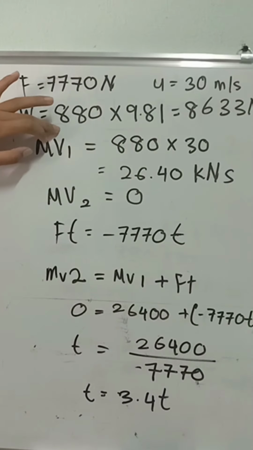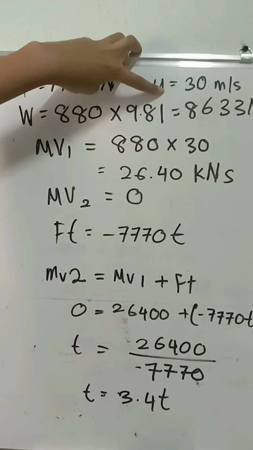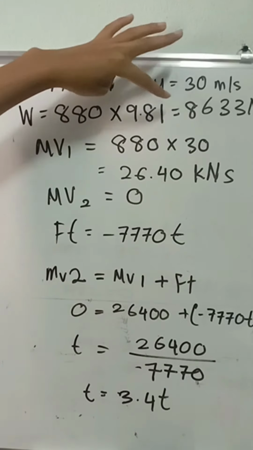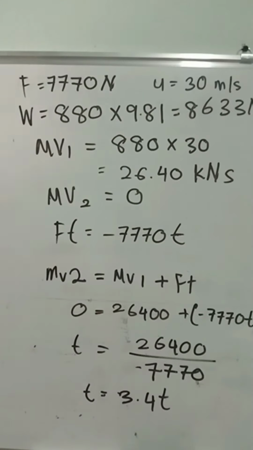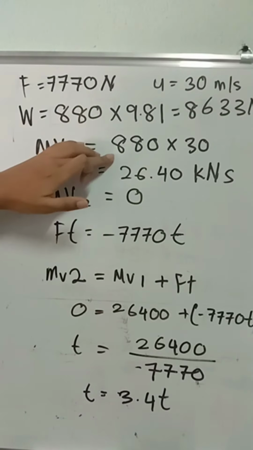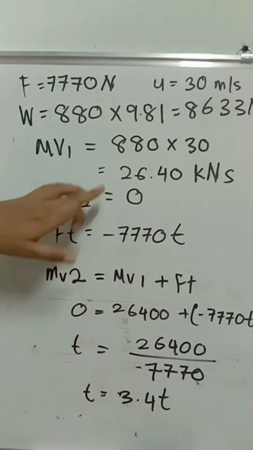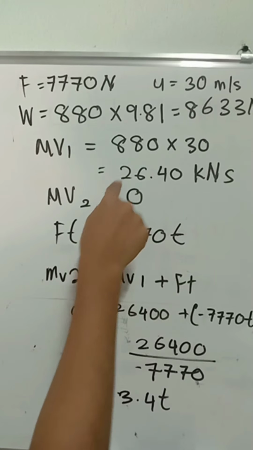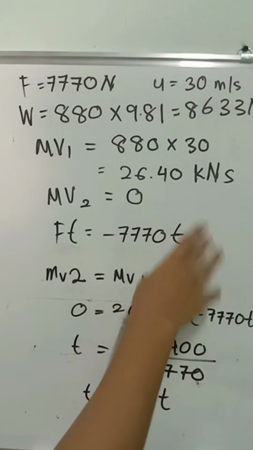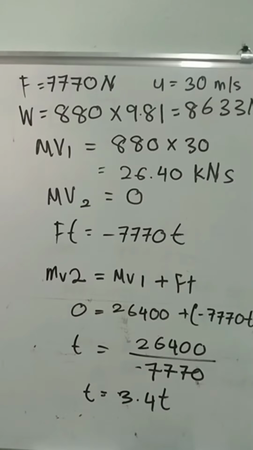It is 880 kg multiplied by 9.81 for gravity, so you get 8,633 Newtons. For mv1, we multiply 880 by 30, so you get 26,400. For mv2, since the car is required to stop, it is 0.